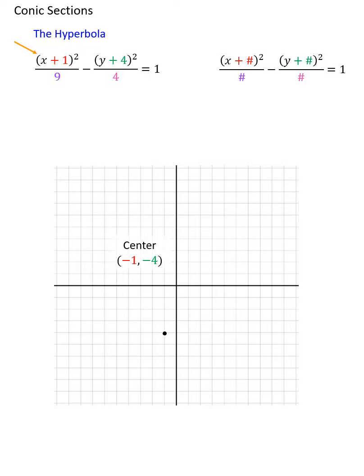And furthermore, mathematicians have figured out that if you take the radical of the first denominator, in this case radical 9 being 3, you will then have the distance from the center to the two vertices of the hyperbola. Now there are lots of reasons why, and this video doesn't go into those. But suffice it to say, that was a discovery that's made, and you can capitalize on that discovery yourselves while graphing.